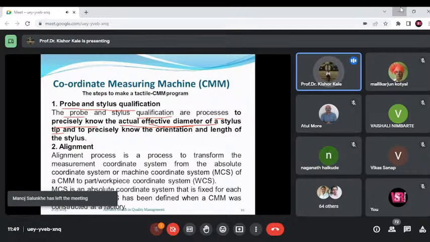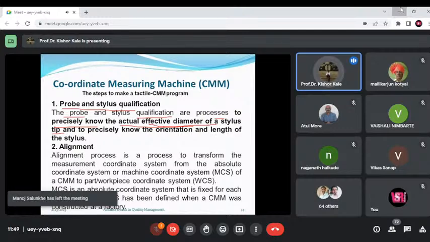I was talking about what is the length of the stylus, exactly how much is the length and what is the orientation. So initially we have to fix this, then only we are ready to do the actual verification of the coordinate measuring machine. This is the first step.